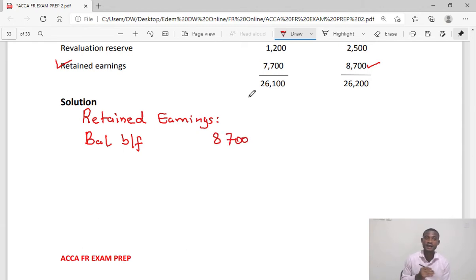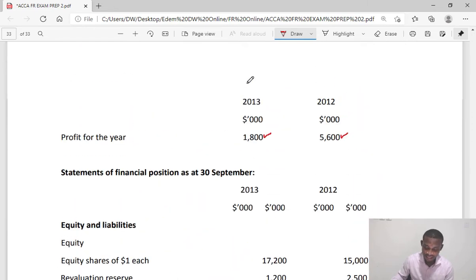And this is happening within the statement of changes in equity as a reconciliation. So what I'll do is add the profit or earnings for the year. I'll add it, and that information is the profit for the current year.